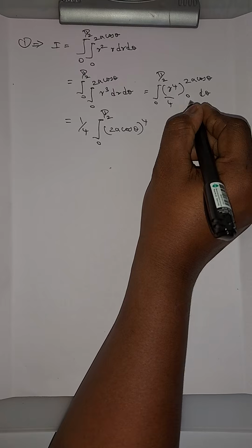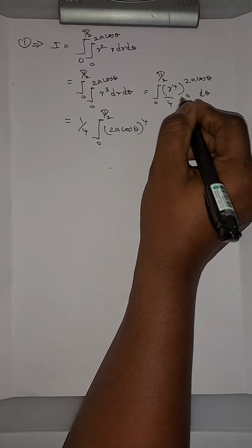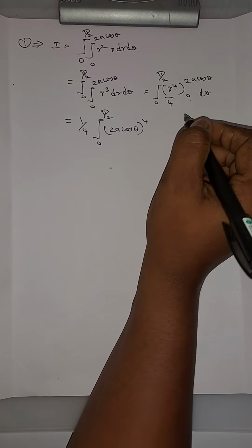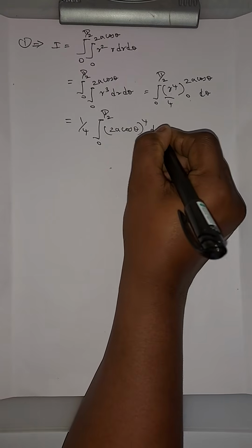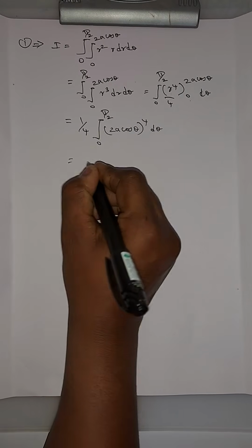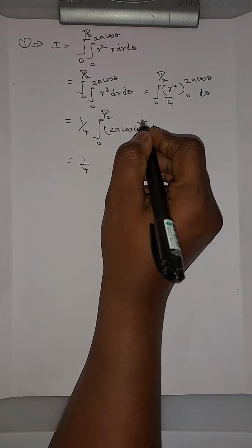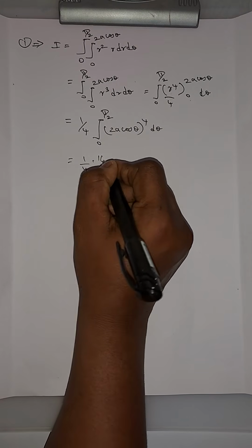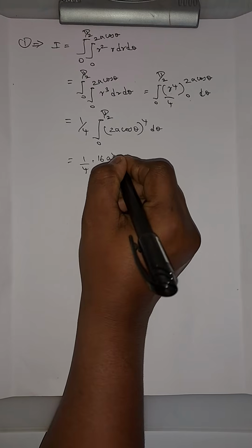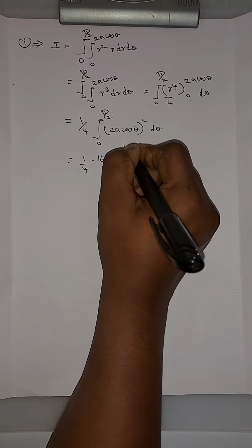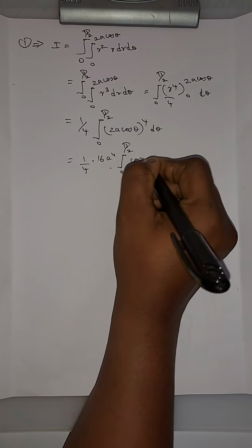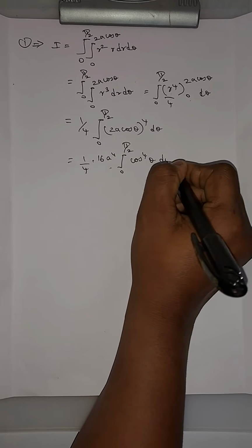The lower limit is 0, and even if we substitute, we get 0, so omitting that. Left with d theta, which is equal to 1 by 4. 2 power 4 is 16. 16 a power 4, integral 0 to pi by 2 cos power 4 theta d theta.